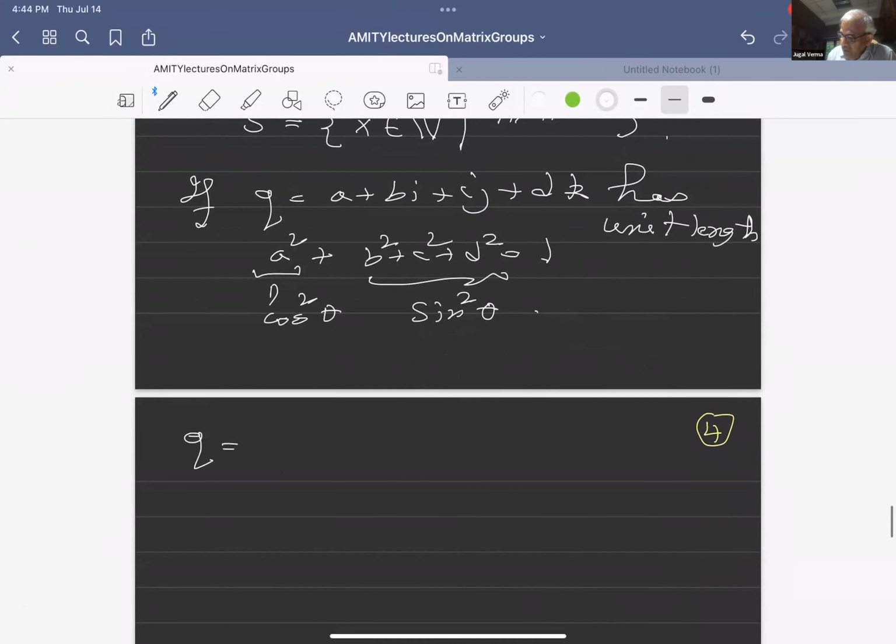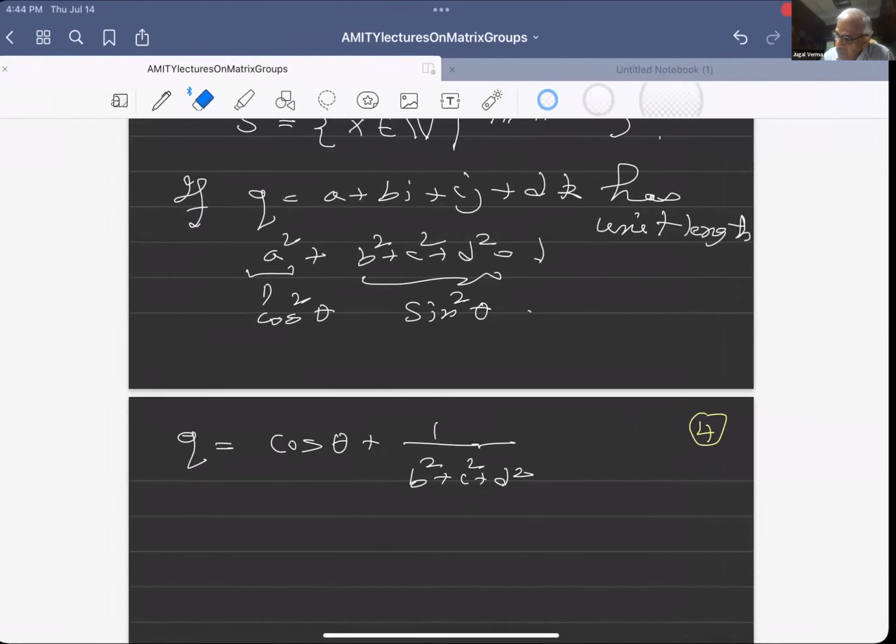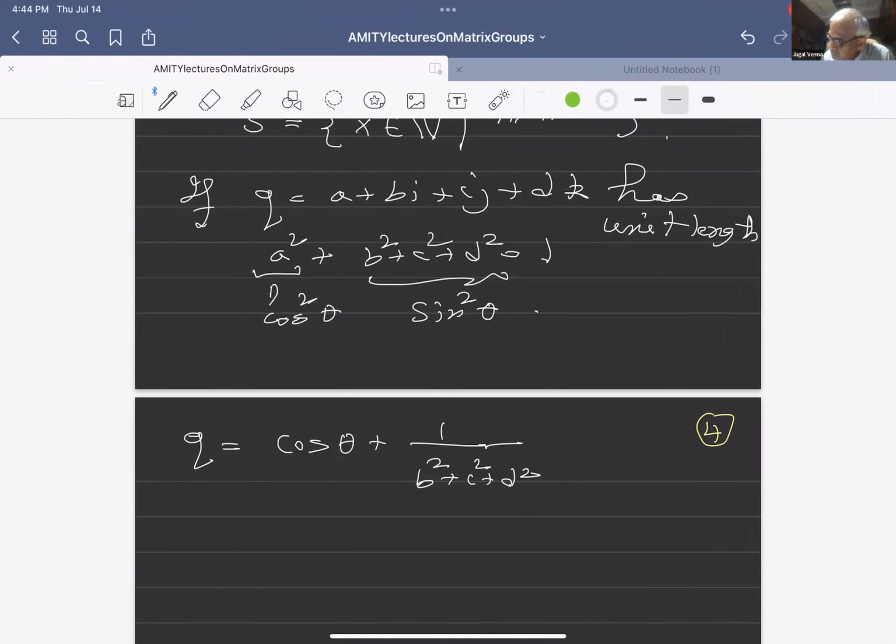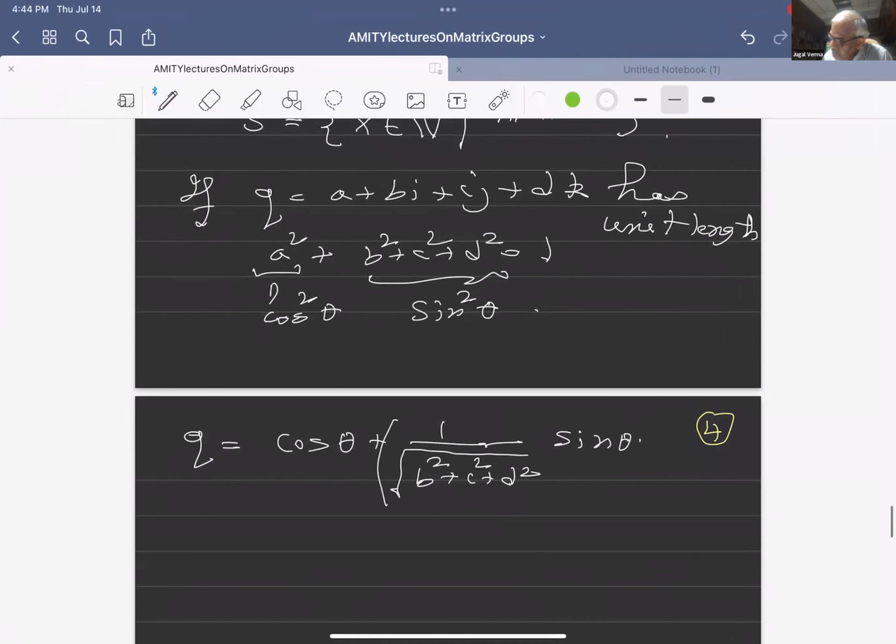Then I can write Q equal to cos theta plus 1 over the square root of b square plus c square plus d square times sine theta times bi plus cj plus dk.